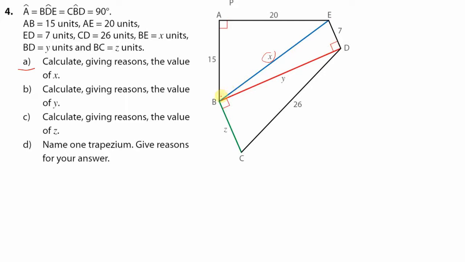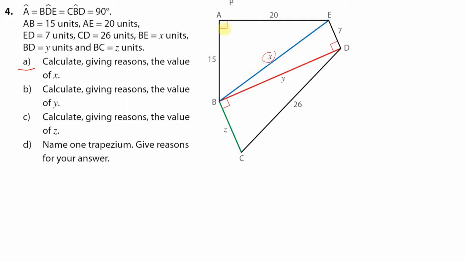So therefore, let's try this triangle, triangle ABE. Here we have now a side length of 20, a side length of 15, and the missing value of x. So now we have something to work with because there's only one missing value.